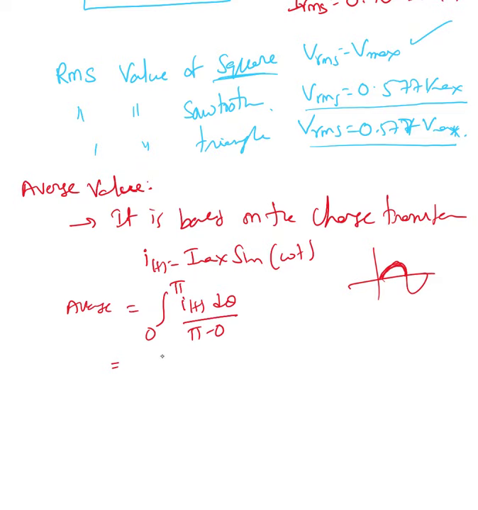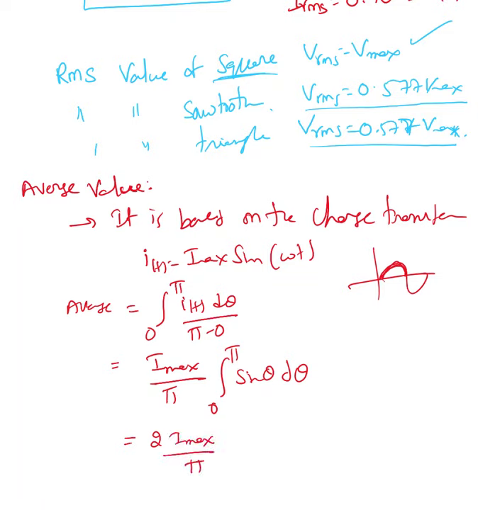If you substitute, I'm going to pull out I max over pi, integral from 0 to pi of sine theta d theta. After we solve this, we will end up with 2 times I max over pi.